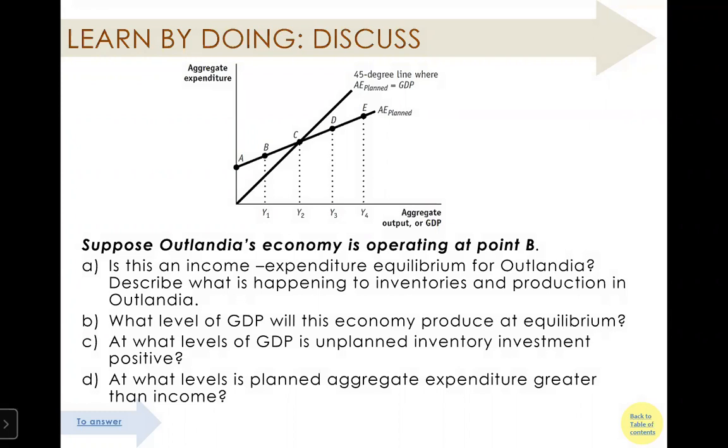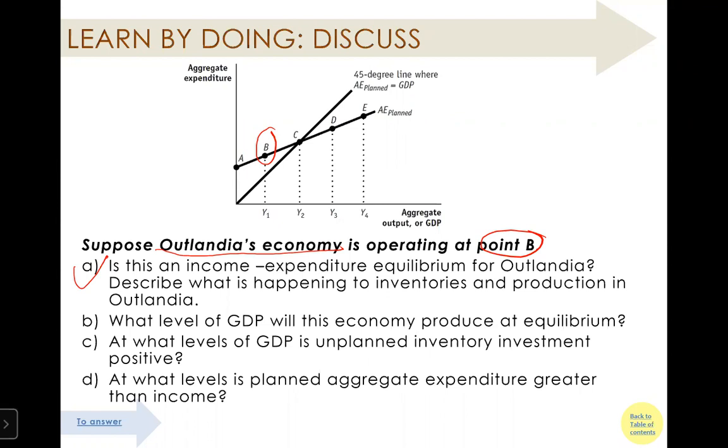This is a diagram for Outlandia's economy. Suppose this economy is currently at point B here. Part A: is this an income-expenditure equilibrium for Outlandia?